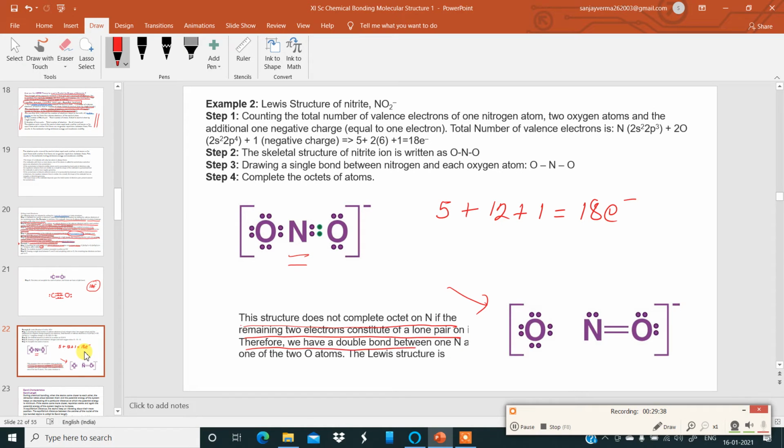Therefore, we have a double bond between nitrogen and one of the 2 oxygen atoms. The Lewis structure is given over here. We have to check whether they are following the octet: 1 2 3 4 5 6 7 8. Over here 1 2 3 4 5 6 7 8. Now this is a better structure for the nitrite ion.